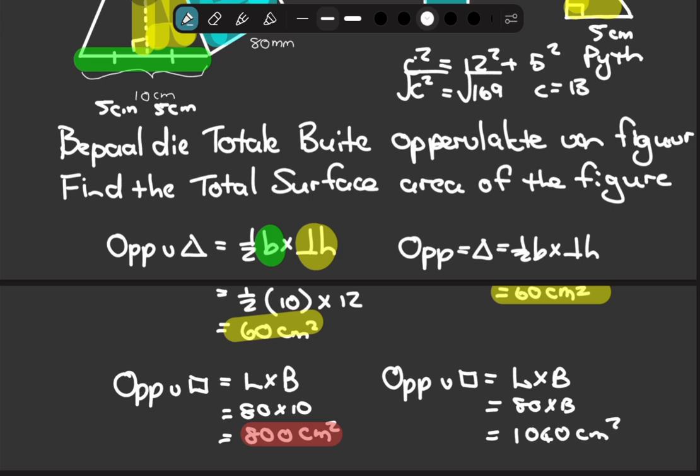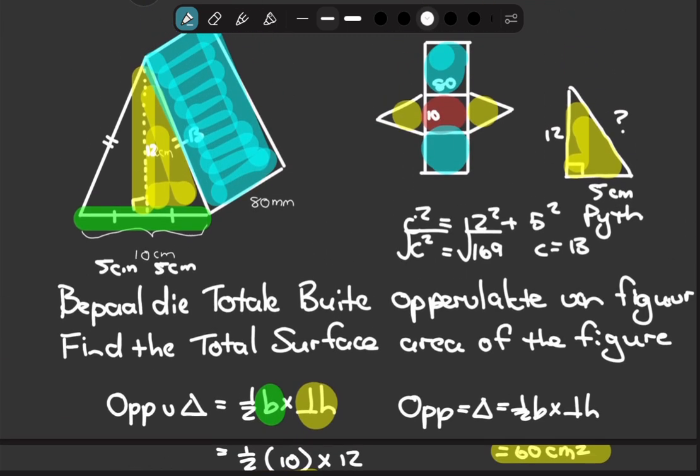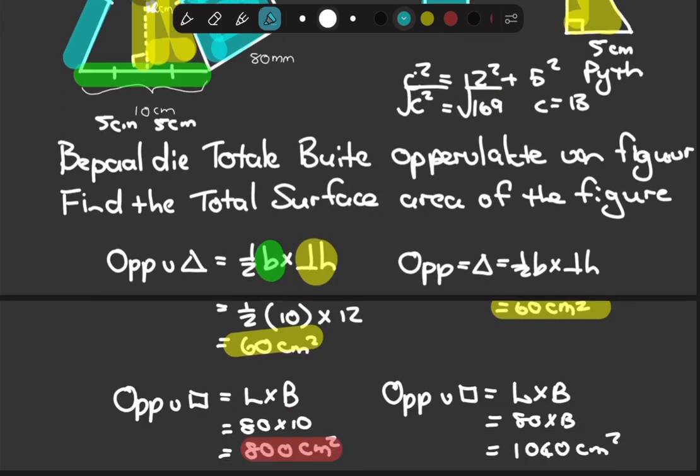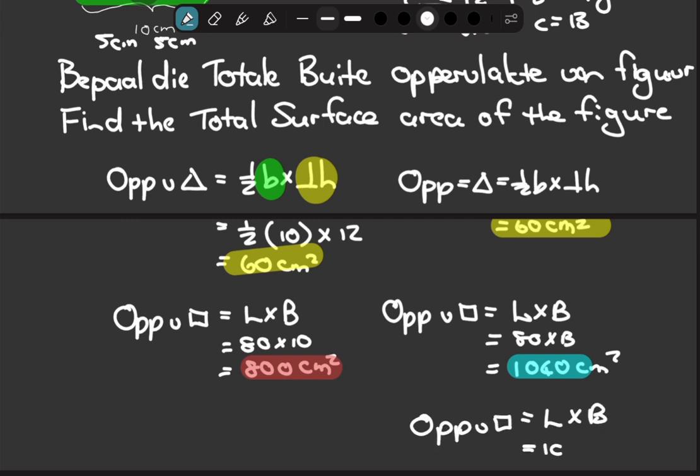Maar jy moet onthou, daar's twee van hulle, né? You have to remember there's two of them. There was one in the front, and then obviously there's one in the back as well, né? Okay, so dis hierdie enetjie, en dan moet ek net nog enetjie doen. So kom ons add nog 'n oppervlakte. Hy gaan presies dieselfde wees, lengte maal breedte, en hy is ook 1040.